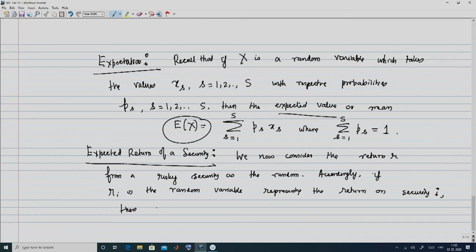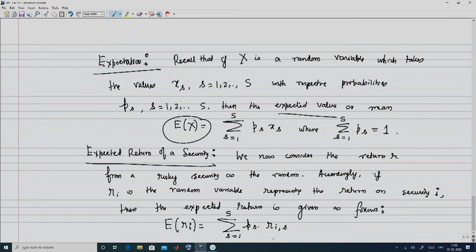then the expected return is given as follows: the expectation of the random variable Ri for the ith security will be given by the summation of p subscript s, s equal to 1 to capital S, into R i comma s. Note that this random variable Ri will take possible values Ri,s with the corresponding probability of p subscript s.